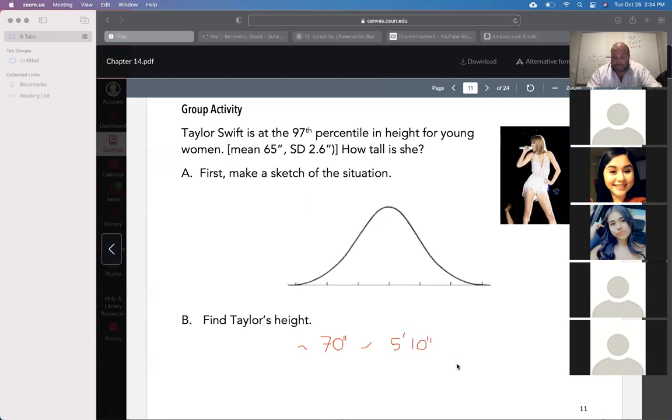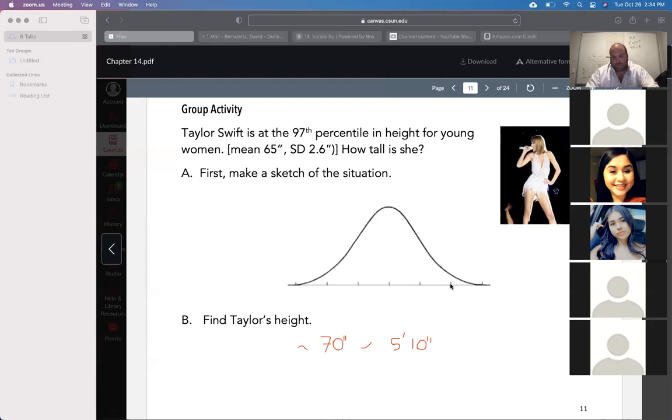Which is taller than me. And where would the 97th percentile fall on this normal plot? Would it be to the left, to the right? Let's start with that. Would it be right at the center? No, it would be to the right. Would it be one deviation to the right, or past it? Past it, it would be closer to 2. Would it be past 2? I don't think so.